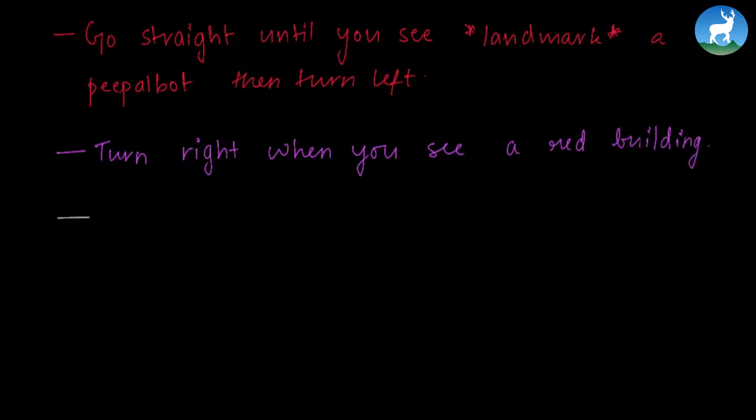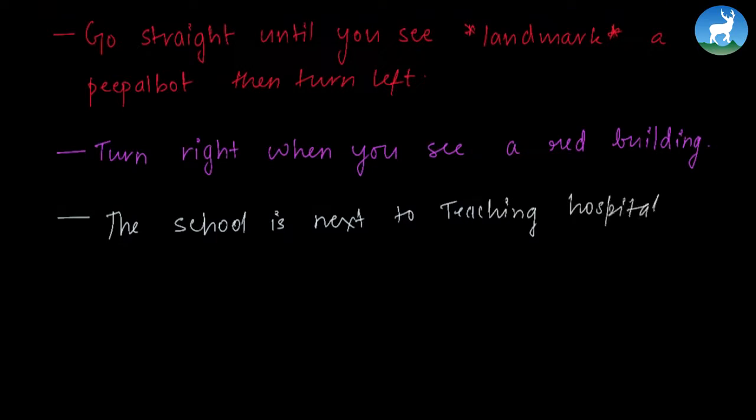I have another answer. The school is next to the teaching hospital. So see, we are using a lot of landmarks here. A red building is a landmark, teaching hospital is a landmark, and a people boat is also a landmark.